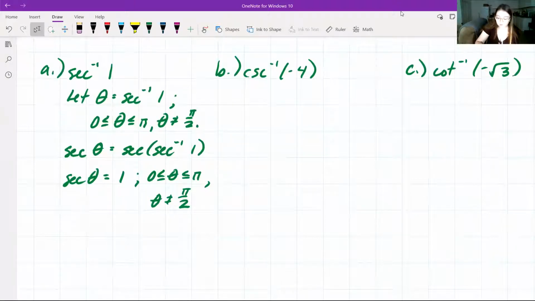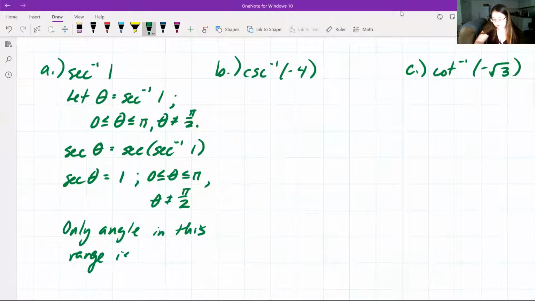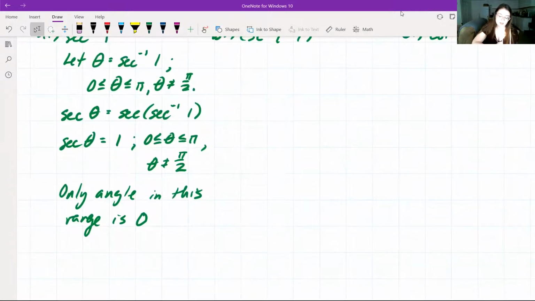In this range, the only angle is going to be 0, since cosine of 0 is equal to 1, so secant theta would be equal to 1 since it's 1 over cosine. So the only angle in this range is 0, which means that secant inverse of 1 is equal to 0.